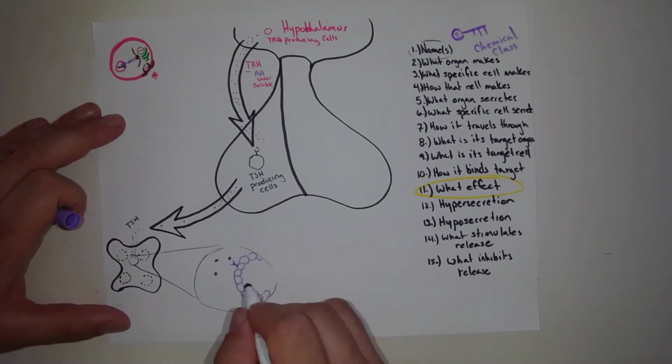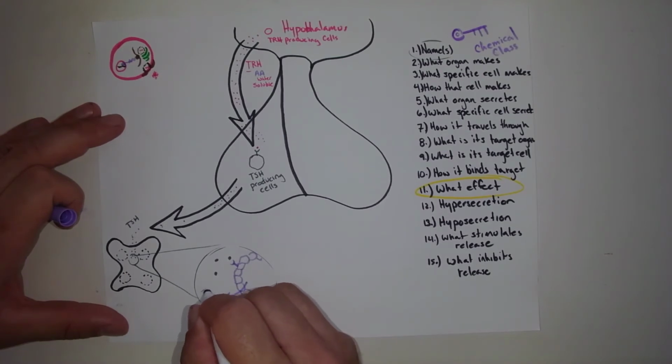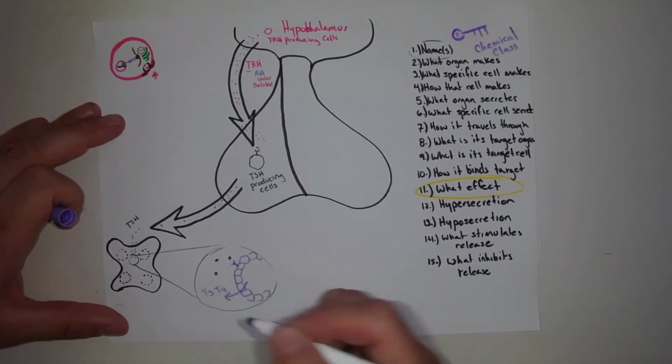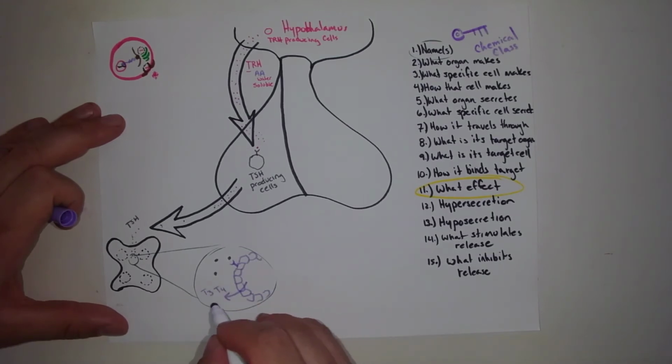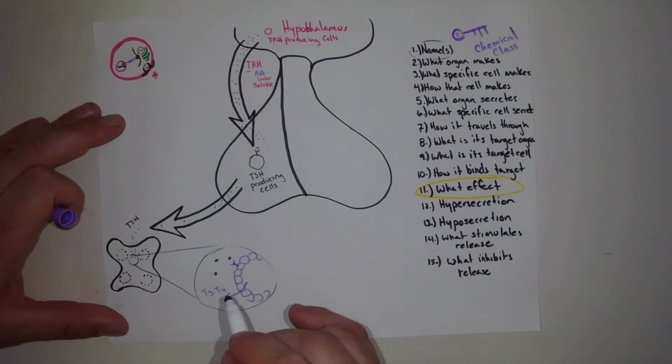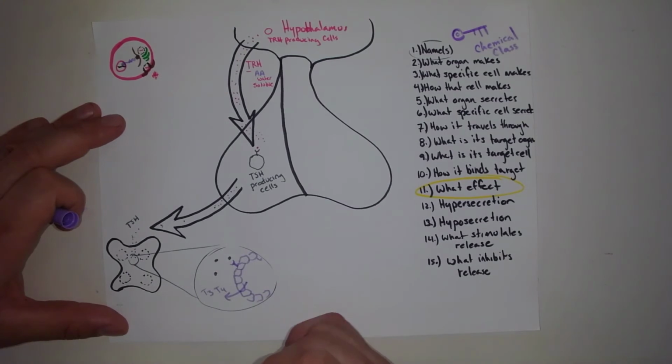And when it does, it's going to cause these cells to release a hormone of their own. And that's T3 or T4, the thyroid hormones. And those thyroid hormones are going to get into the blood. Now, these are tyrosine derivatives. And these tyrosine derivatives, with many exceptions, behave like steroid-based hormones.